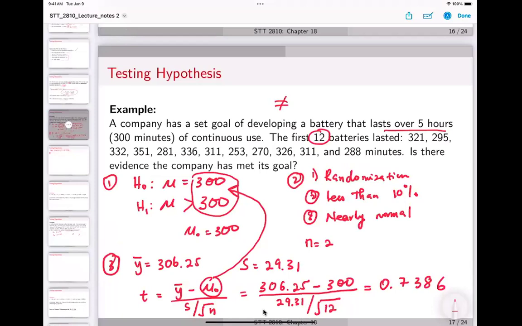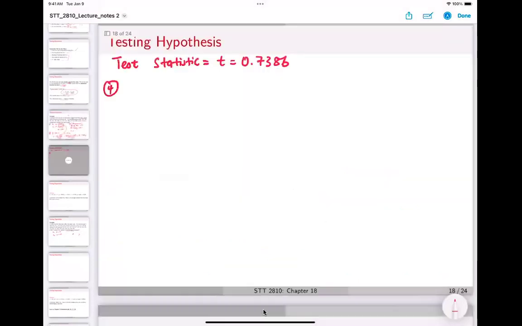Is that okay? So if this is one-sided and here is greater than, it means that we have to read the probability that T is greater than this test statistic. So we are going to do that in StatCrunch. And before we do that, what is our degree of freedom? Degree of freedom is n minus 1, right? Our n is 12, minus 1, so our degree of freedom is 11.